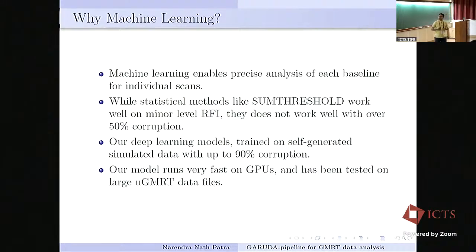Statistical methods also work well where your corruption is moderate to minimal. But when RFI corrupts your data at more than the 50% level, then all the statistics get shaky, because the primary statistics by which you determine the statistical properties of good data get corrupted, and this propagates to your determination of which data is bad.